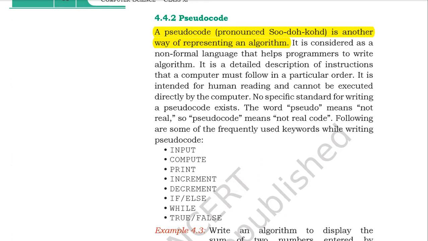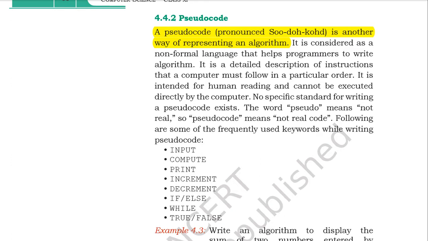Now see, first we will give the definition of pseudocode. What is pseudocode? A pseudocode is another way of representing an algorithm. We all know what an algorithm is. This is already discussed in previous classes. If you want to go through all those previous classes, please go through them.